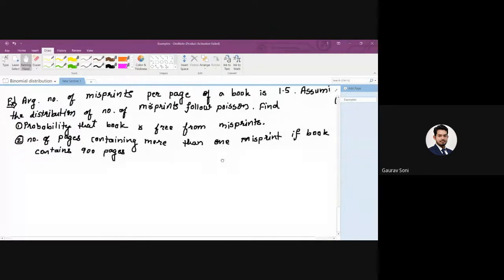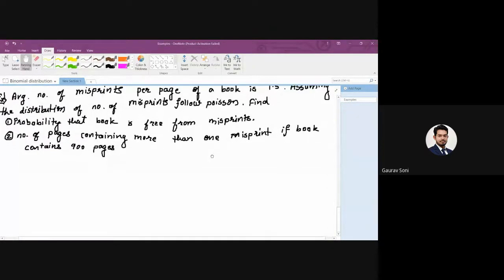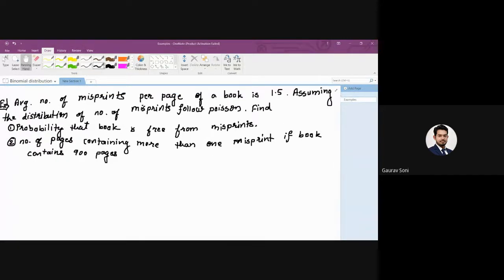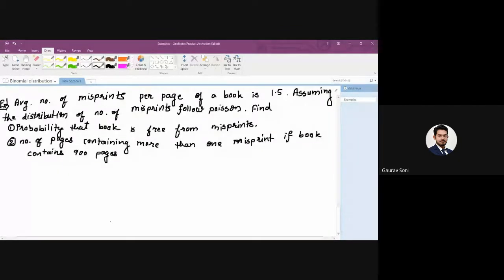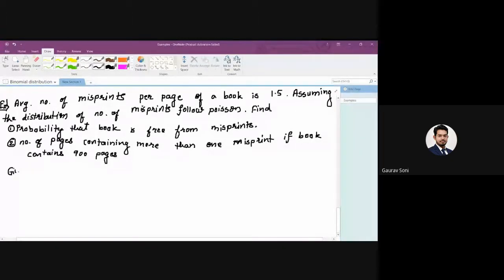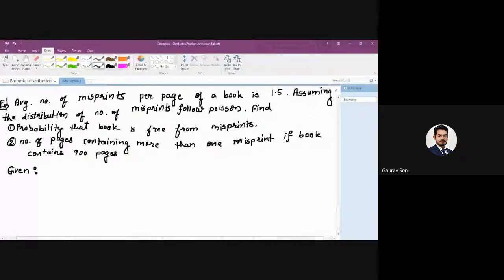What is given, what is to be found? Given is the value of z, which is 1.5.